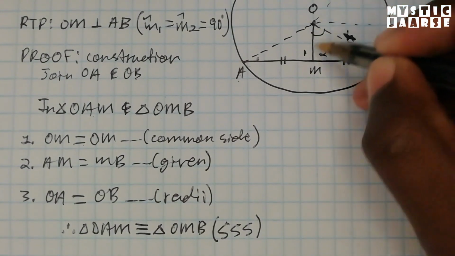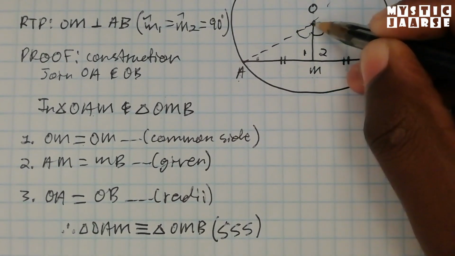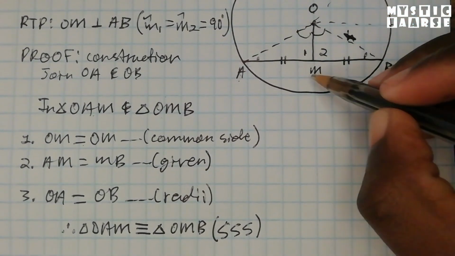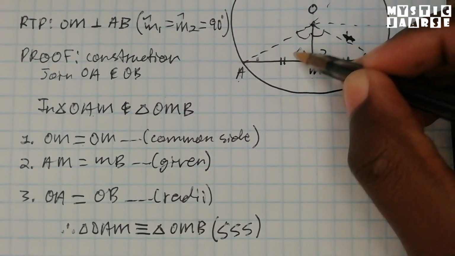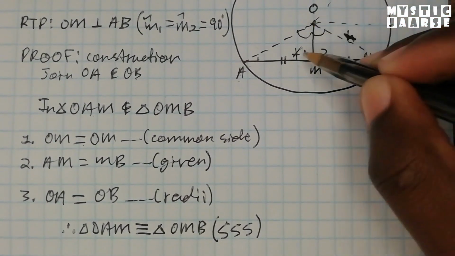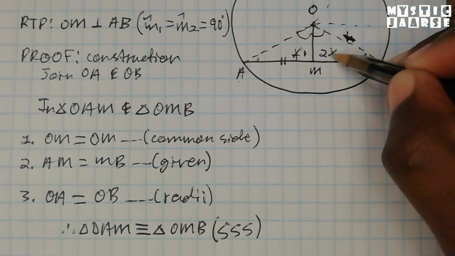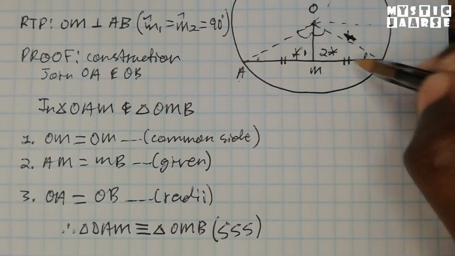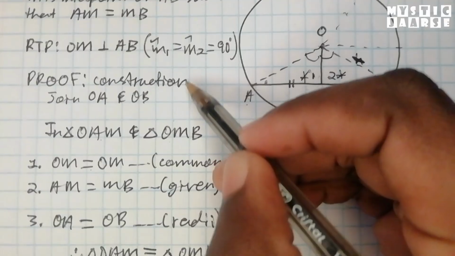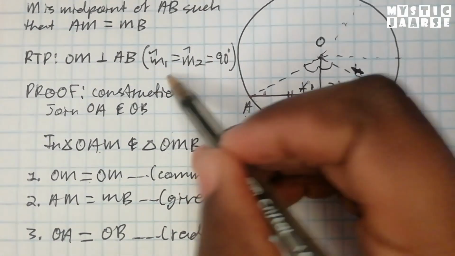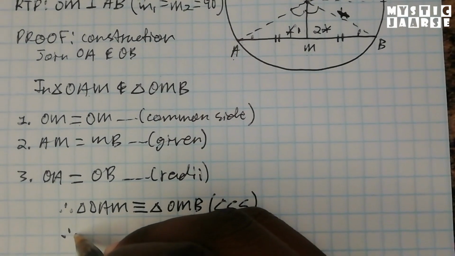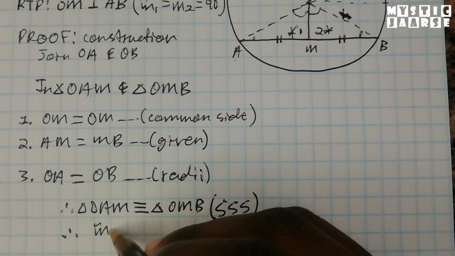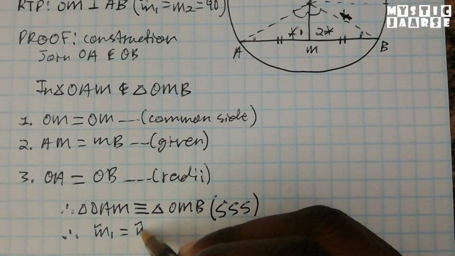This angle of this triangle is equal to this angle of this triangle. And therefore, this angle M1 of this triangle is equal to angle M2 of this triangle, which is what we were required to prove, right? So therefore, we can say angle M1 is equal to angle M2.